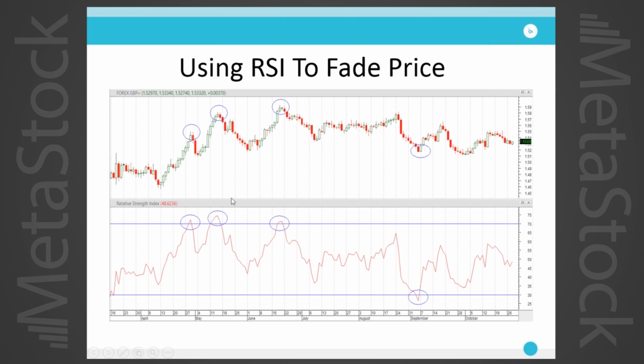Okay, so looking at this example of sterling dollar on the daily chart over the last few months, you can see highlighted on the chart that there have been a few occasions where the RSI indicator has moved into extreme levels, and highlighted also on the chart, you can see how price has reacted from these points.